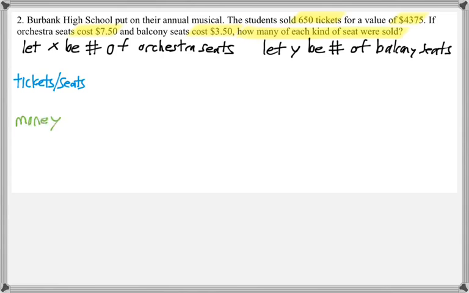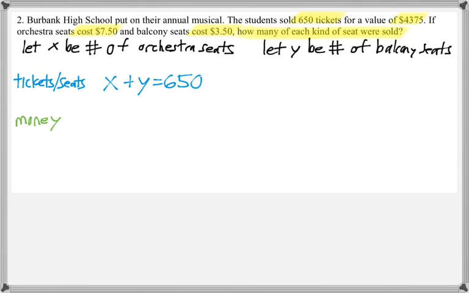So the seats, or the tickets, I know I have X, and I know I have Y. I don't know what they are, that's what they're asking. But I do know that together, they have to be 650. So there's 650 total. I don't know what X is, I don't know what Y is, but if I add them together, I know it has to be 650.